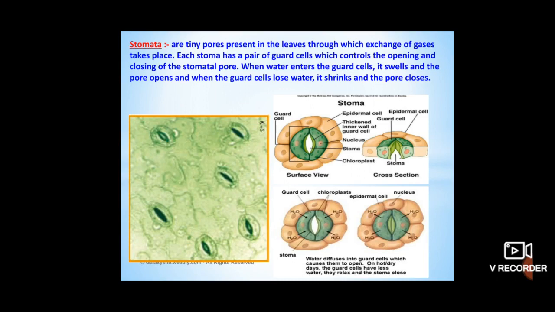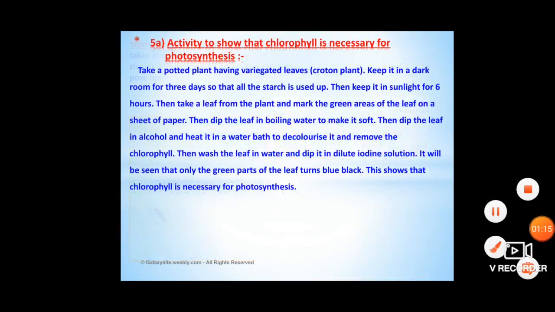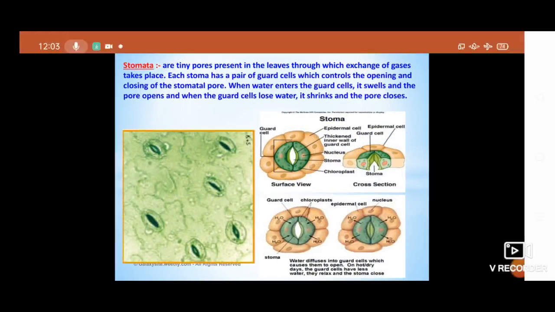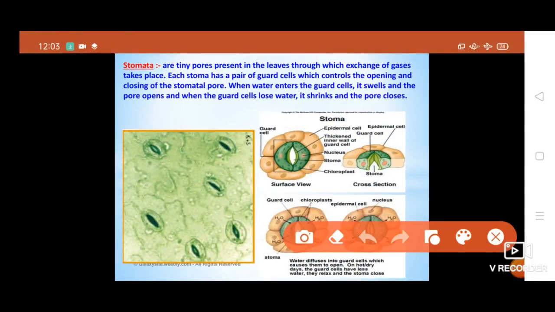See children, each stomata has a pair of guard cells which control the opening and closing of the stomatal pore. In the picture, just observe it carefully. This is a stomata. The green colored structures that you are observing here, we call them guard cells.